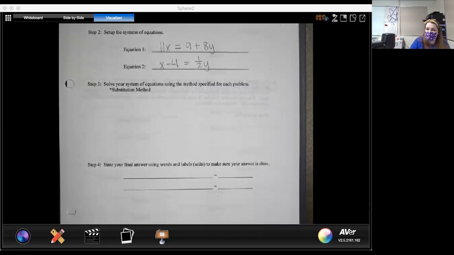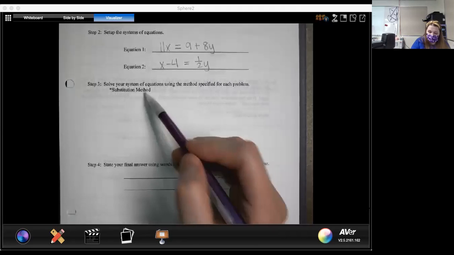So offhand, what would be one reason why substitution might be easier than elimination? Coefficient. Okay, so when you have variables that are alone, those are always helpful with the substitution method, whereas elimination method typically has more coefficients to start off with. But for this one, we're definitely going to use the substitution method.